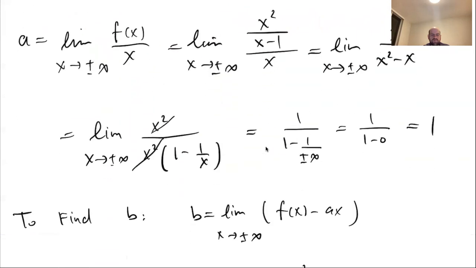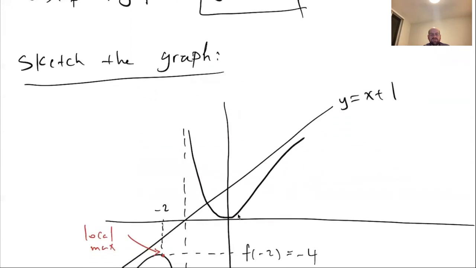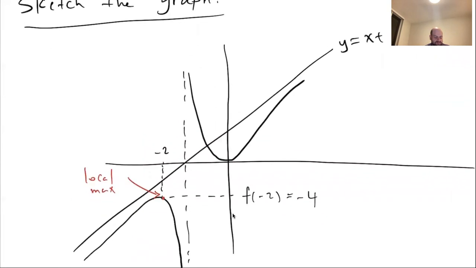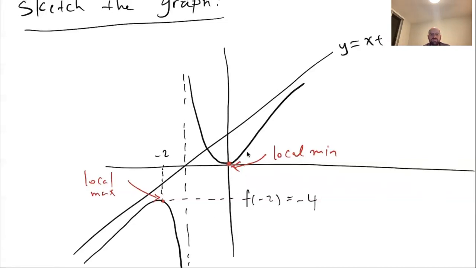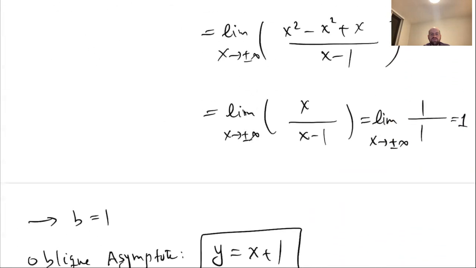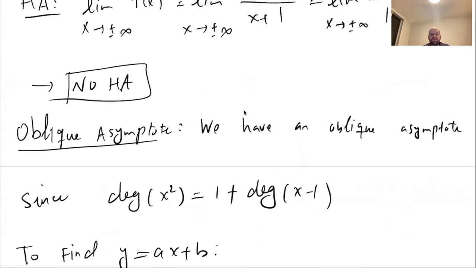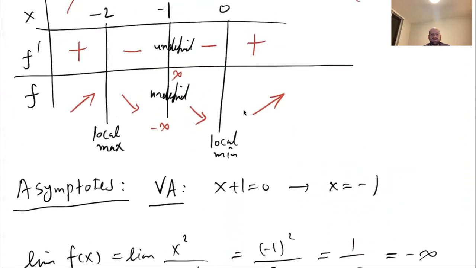So this 0 happens to be the x-intercept, y-intercept and local minimum. It just happens to be all the same point here. It's just accidental. So here we have a local minimum, and then increasing after 0, increasing all the way to infinity.